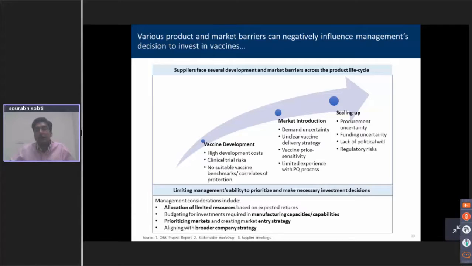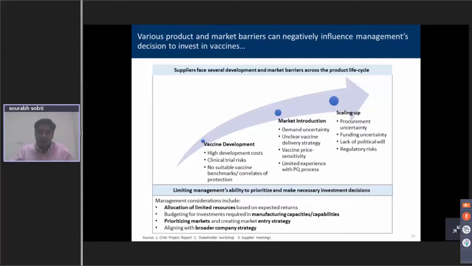So all these are myriad challenges or risks the supplier faces when they are deciding which products to prioritize and going forward. Hence, the management has limited ability to prioritize and make necessary investment decisions.